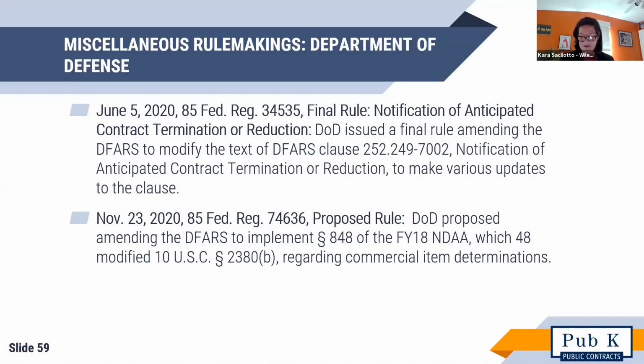I'm only going to address the second bullet. This was a proposed DoD rule to amend the DFARS to implement Section 848 of the fiscal year 18 NDAA. This kind of harkens back to some of the legislation that Mike talked about, the newer legislation, this being a bit older.